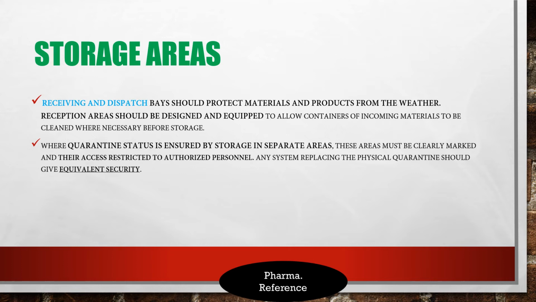Where quarantine status is ensured by storage in separate areas, this area must be clearly marked and their access restricted to authorized personnel. Any system replacing the physical quarantine should give equivalent security.